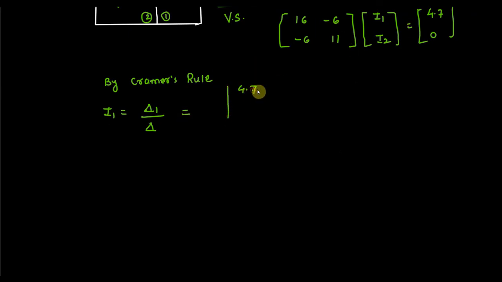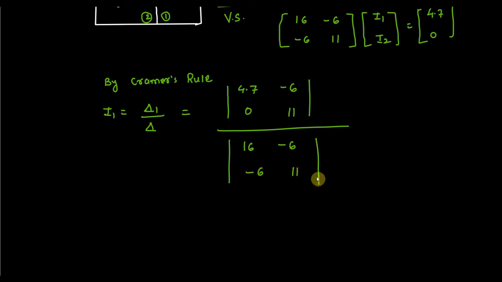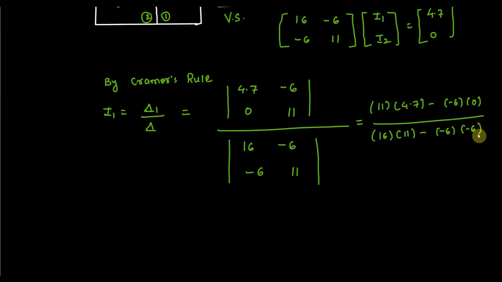So it is 4.7, 0, minus 6, 11, over 16, minus 6, minus 6, 11. Now solve this determinant. When you solve, it is 11 into 4.7 minus 6 into 0, divided by 16 into 11 minus 6 into minus 6.